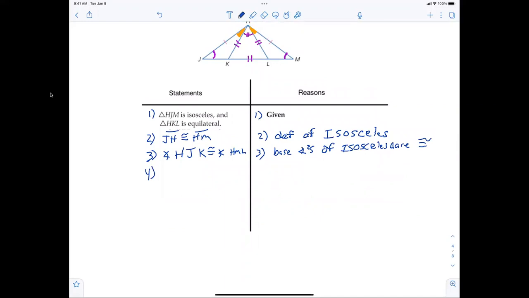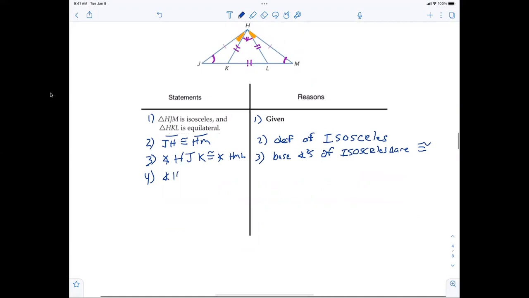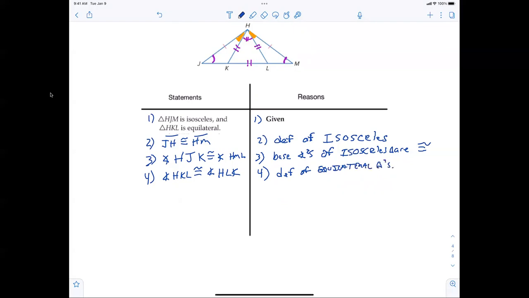We need to say that angle HKL is congruent to angle HLK. And we would say definition of what? Equilateral. Right. If you have an equilateral triangle, all sides are equal and all angles are equal.